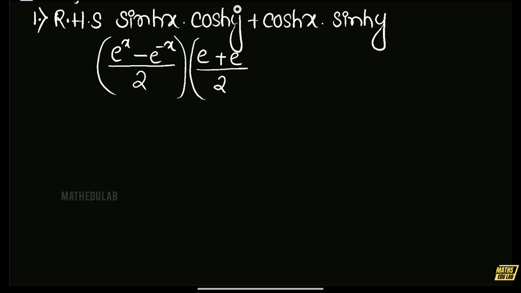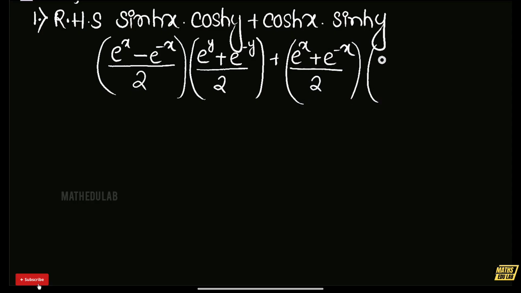Since we have y here, we write e to the power of y plus e to the power of minus y. Similarly, for cos hyperbolic x, e to the power of x plus e to the power of minus x by 2, and then multiply by e to the power of y minus e to the power of minus y by 2.